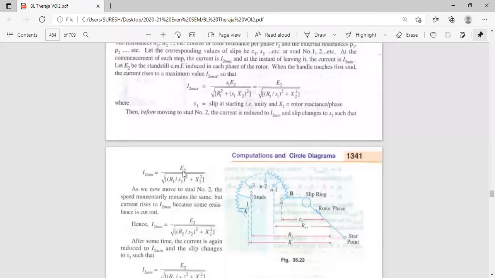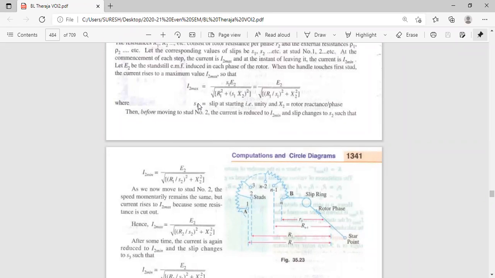When the switch is in 1, resistance is R1 only. At point 2, slip is S2, but resistance is R1, as we are not changing the switch to position 2. This is the minimum point: E2 by the square root of R1 by S2 whole square plus X2 square.